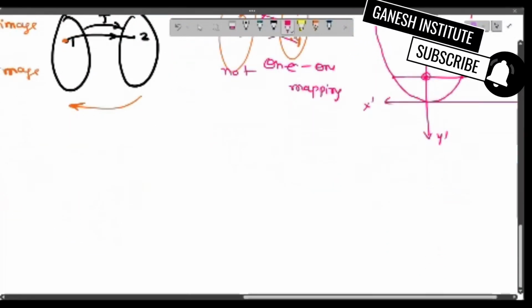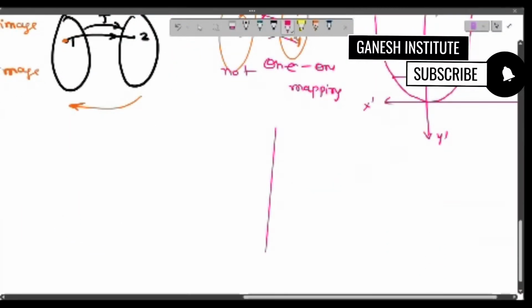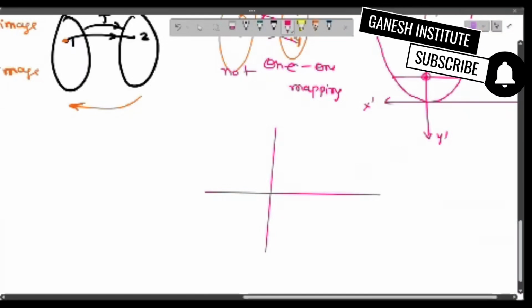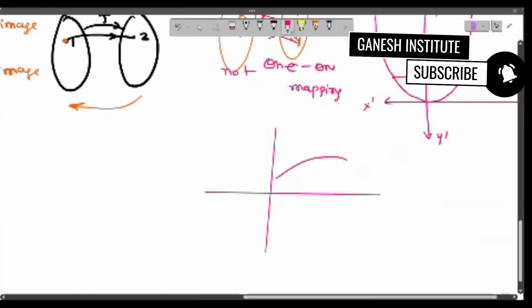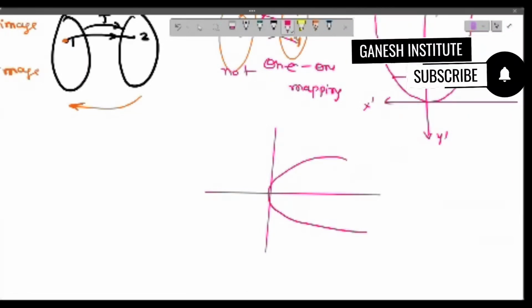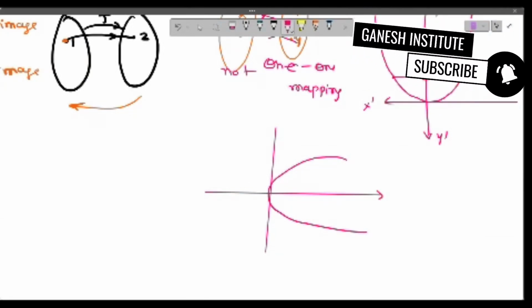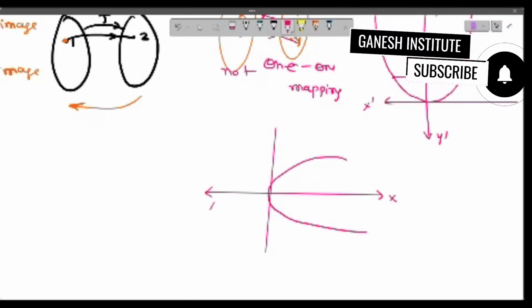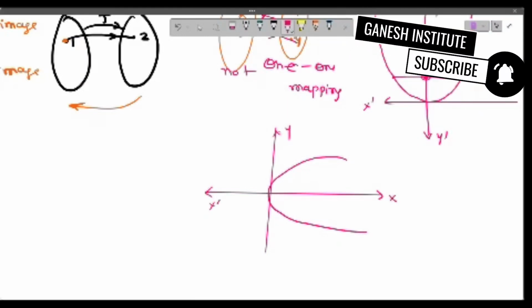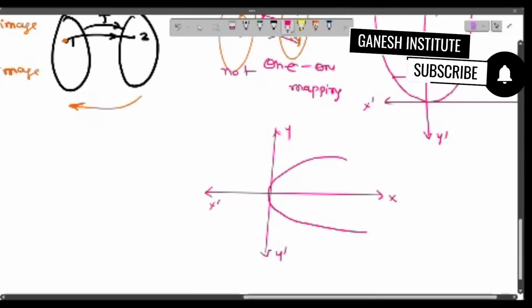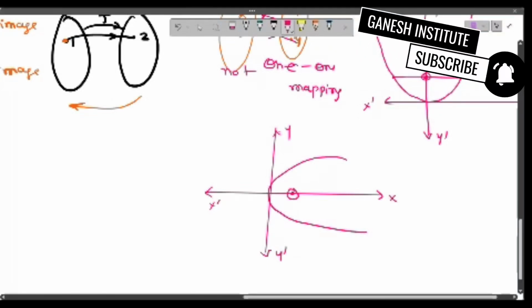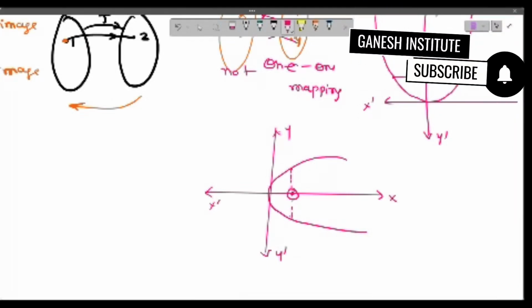Okay? For example, if I draw the parabola, rotate it and draw it this way, is this a function? No, because for this x, the x has two y's.